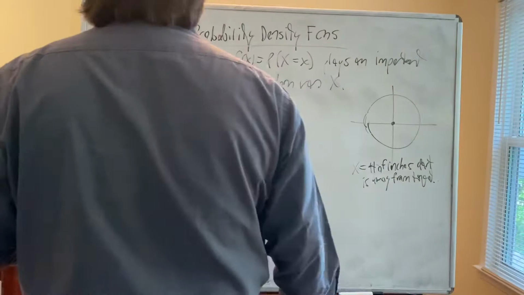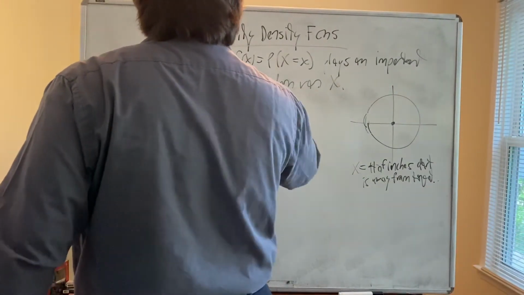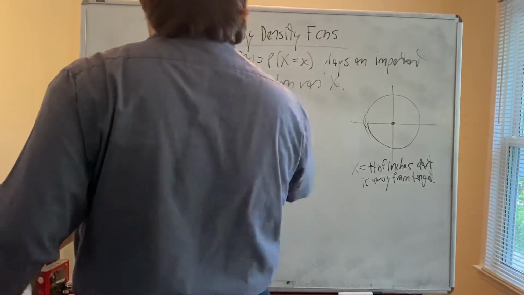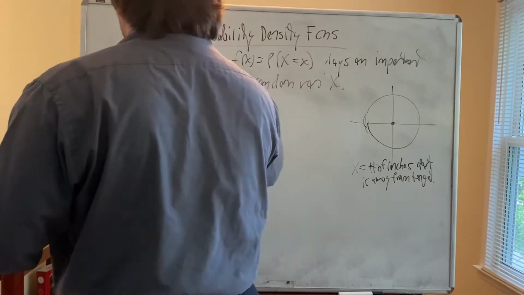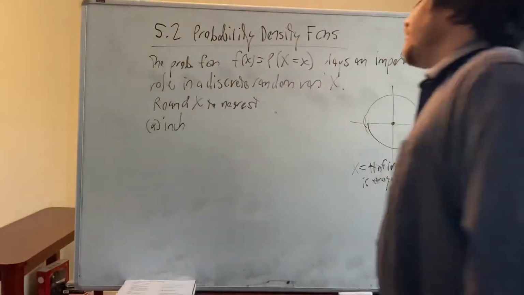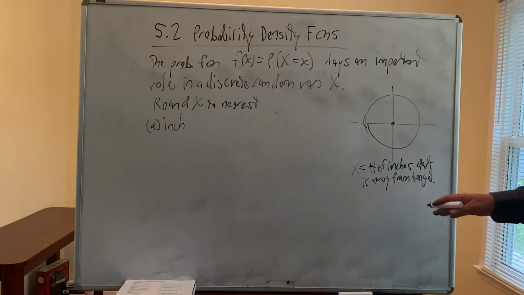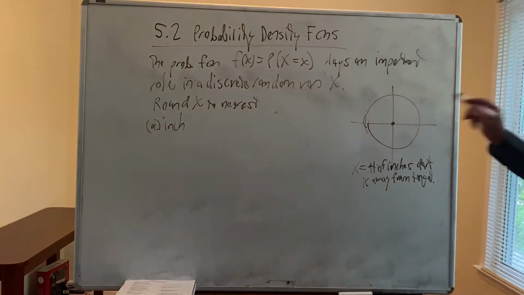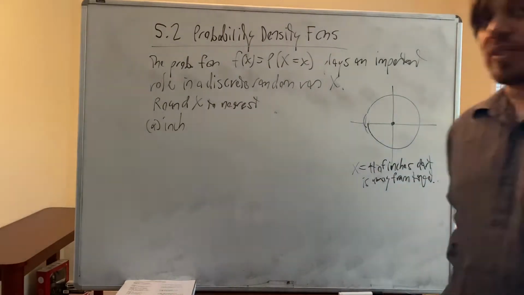But then in part A, let's round capital X to the nearest inch. So capital X is going to be a discrete random variable, which is the number of inches the dart hits the board away from the target, rounded to the nearest inch.